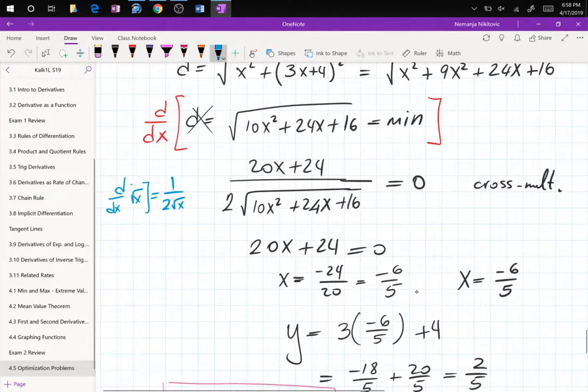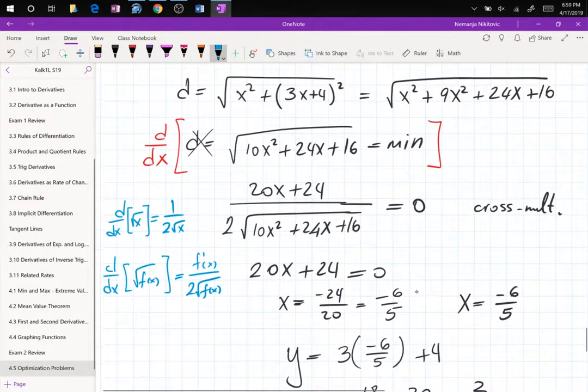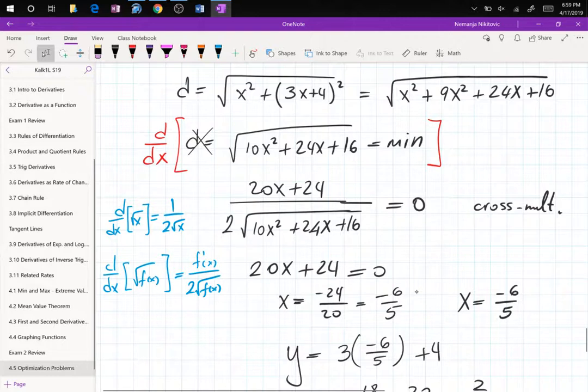And then I said the derivative of the square root of f of x, it doesn't matter if it's e to the x, log, sine, whatever, has to be f prime of x divided by 2 square root of f of x, because it has to follow the same form. So that's exactly what I have done.